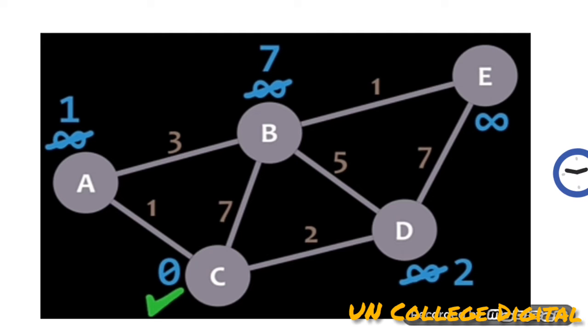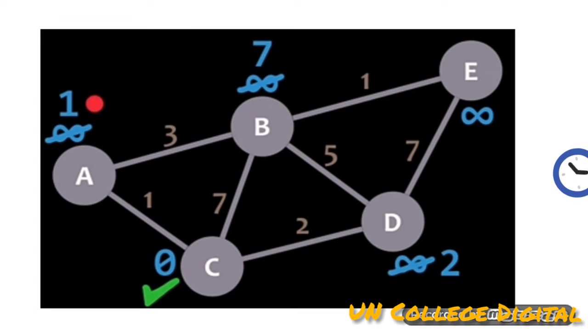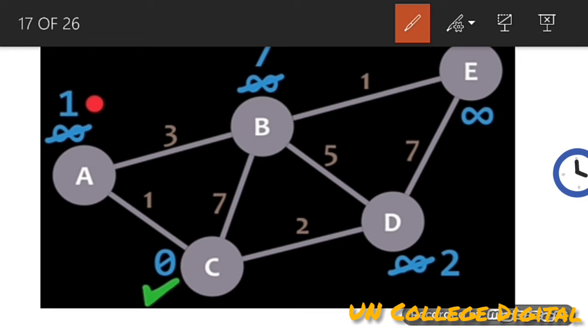Here one more thing is that I need to mark C as visited, and at the next step I will select A. Here you can see that I have selected A. Already we have visited C, and we have marked C with a green tick so that we can understand that it is visited.